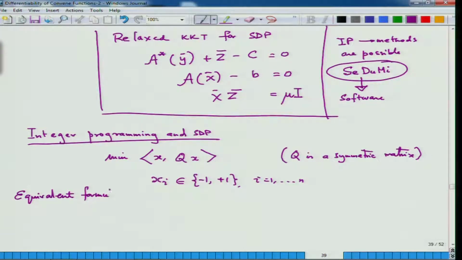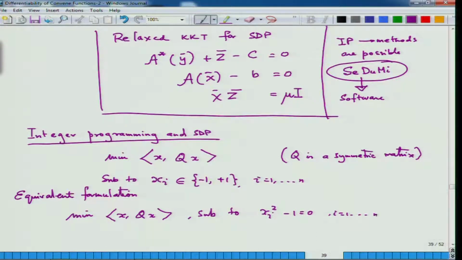I am writing down an equivalent formulation: minimize, you can put half x transpose Qx also, does not matter, subject to constraints.